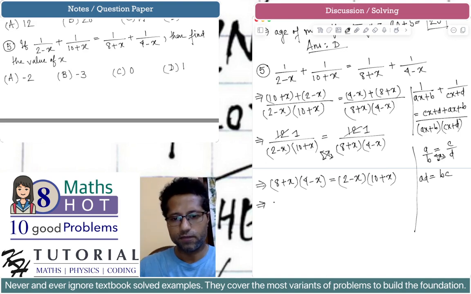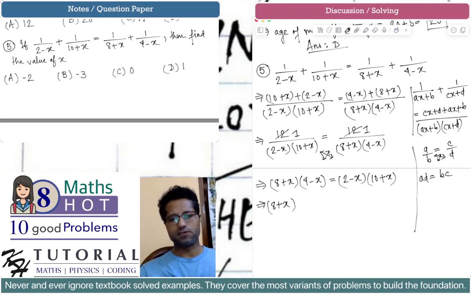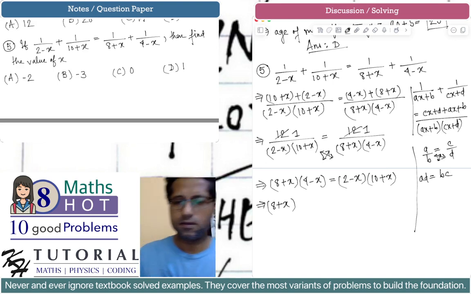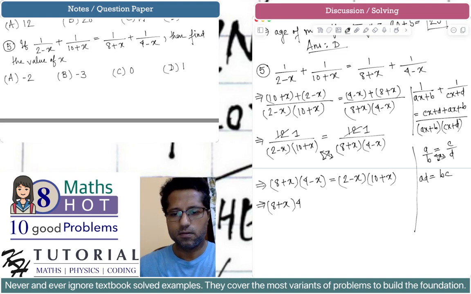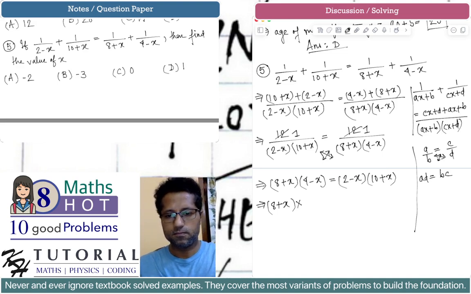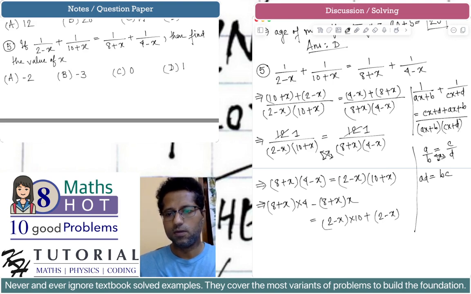So in finding the product of 8 plus x and 4 minus x, this will be 8 plus x into 4 minus 8 plus x into x, and the RHS becomes 2 minus x into 10 plus 2 minus x into x.